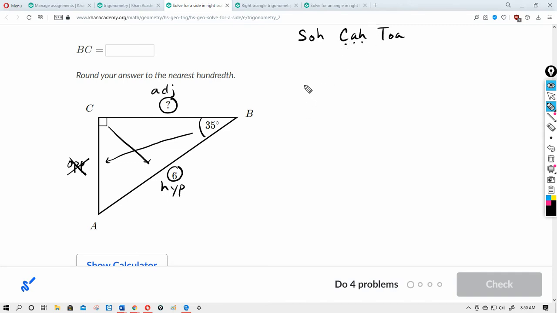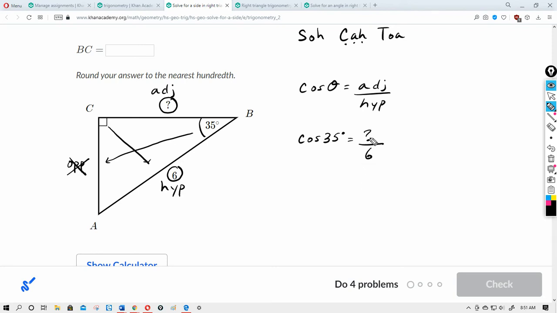So if you recall, the cosine of an angle equals adjacent over hypotenuse. So here the angle is 35, and that equals adjacent, which is question mark, over hypotenuse, which is 6.